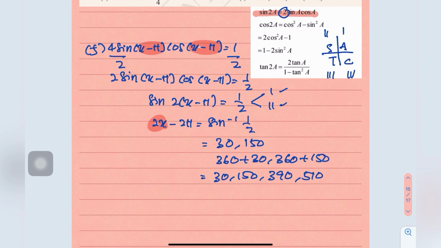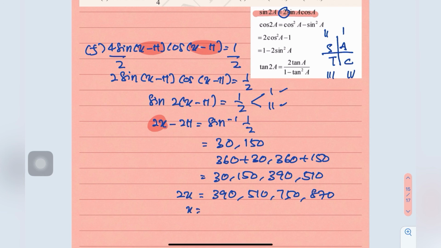To get 2x, we add 2 pi, and 2 pi is 360. So 2x equals 30 plus 360, which is 390, 150 plus 360, 510, 390 plus 360, 750, and 360 plus 510 equals 870. These are the angles of 2x, all divided by 2.